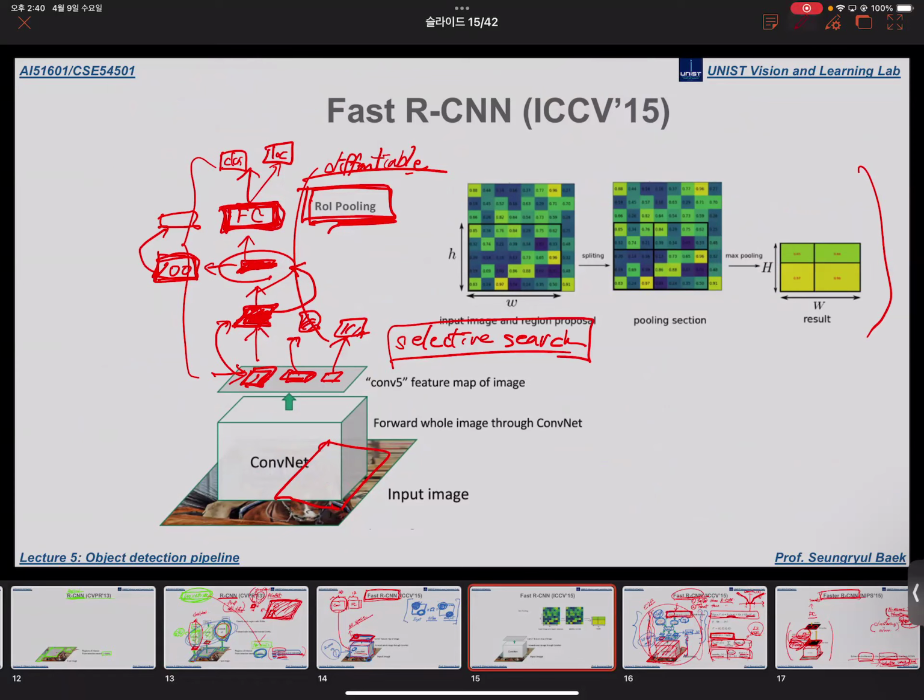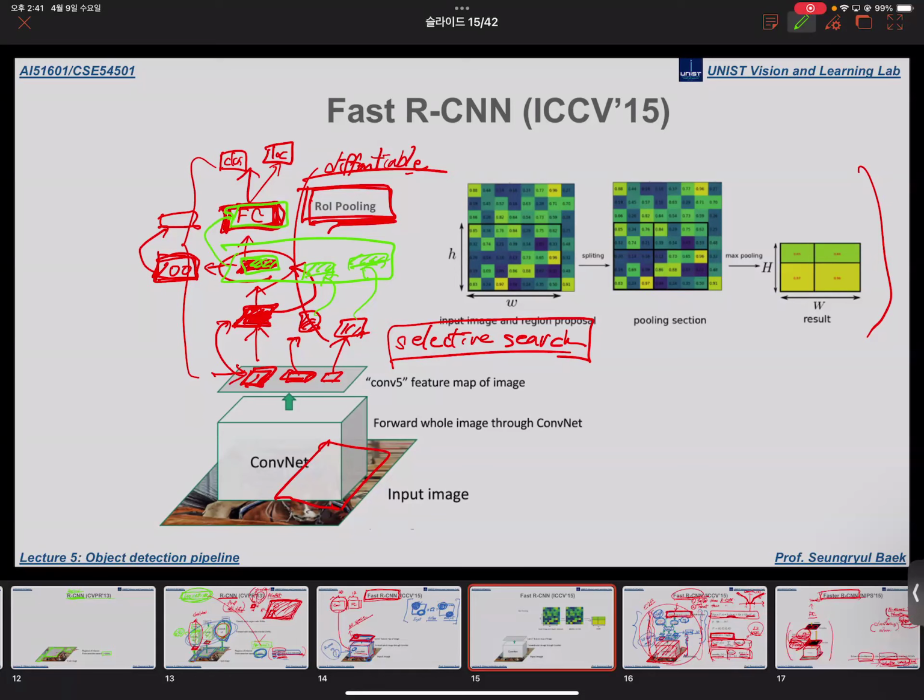But we have to map it to a fixed dimensional vector, to feed forward it to these fully connected layers. So are you guys following this?